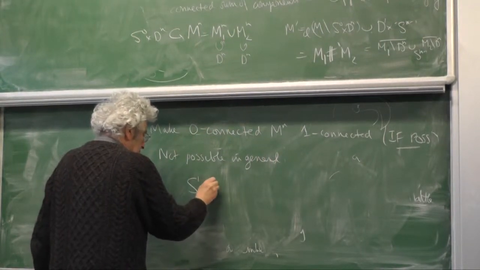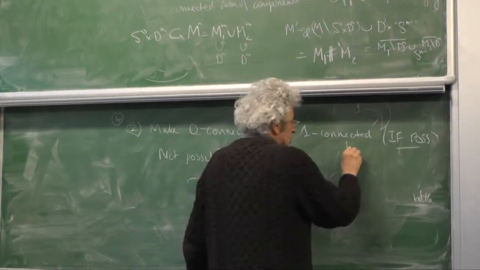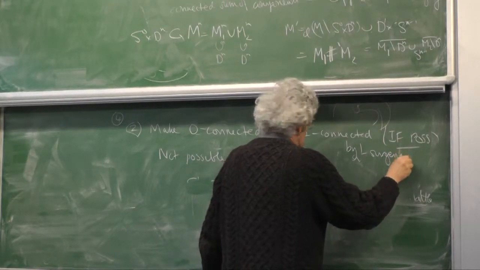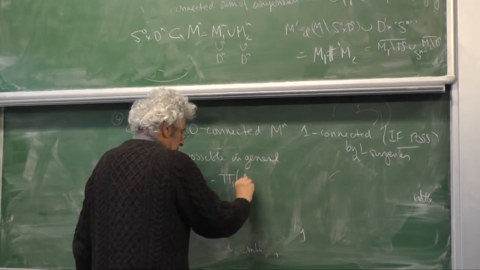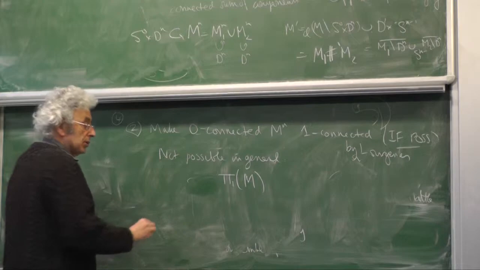Let's try to, so this would be by one surgeries. Okay, so this is kind of, take the manifold. So the standard idea would be, take a non-zero element g.